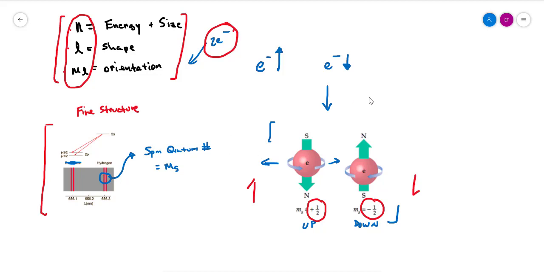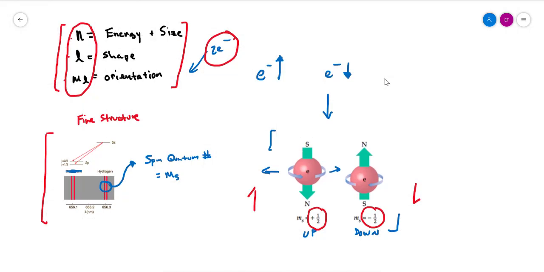We call this principle, the fact that two electrons can't have the same set of four quantum numbers, the Pauli exclusion principle. So the Pauli exclusion principle is exactly what we just talked about. Electrons have four unique quantum numbers or zip codes. That's important.